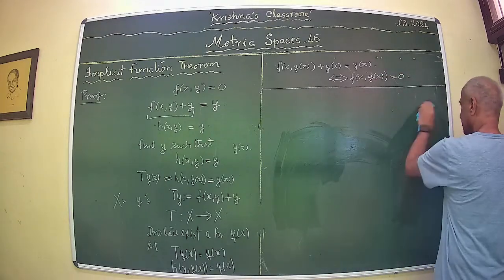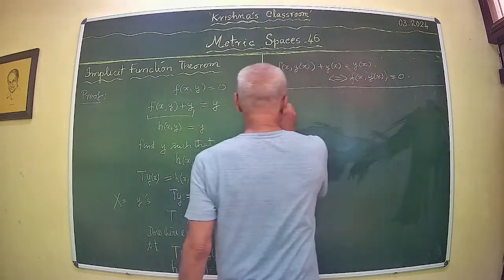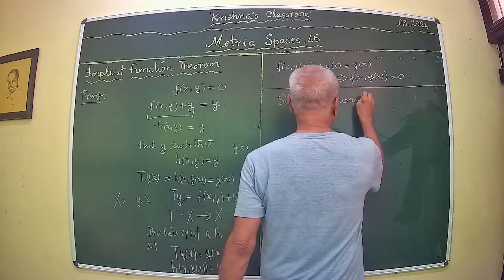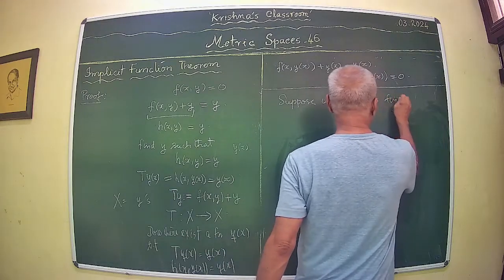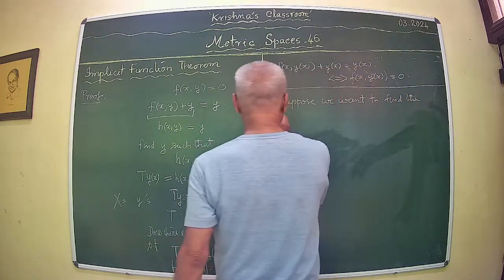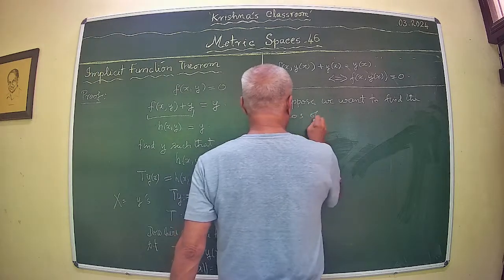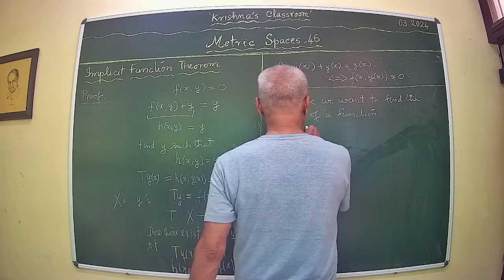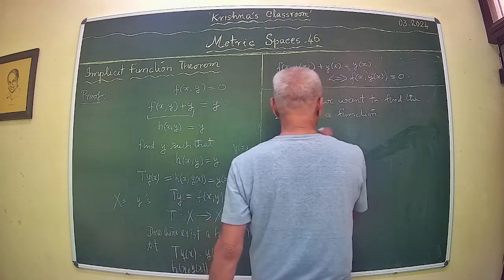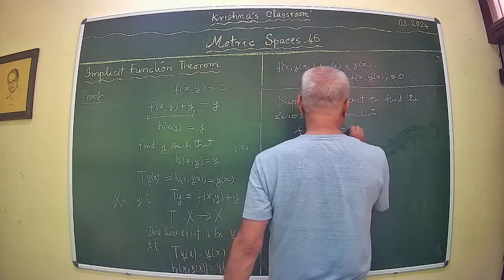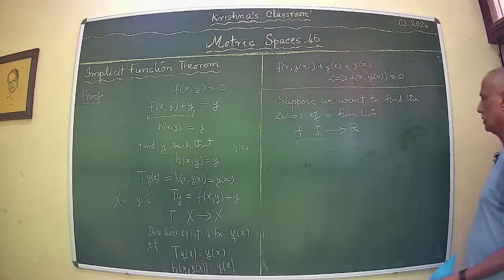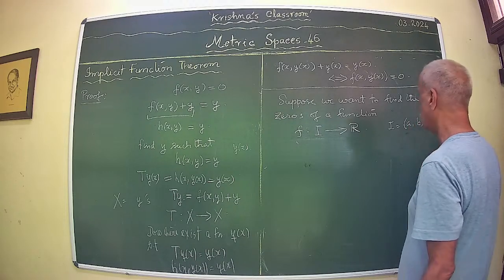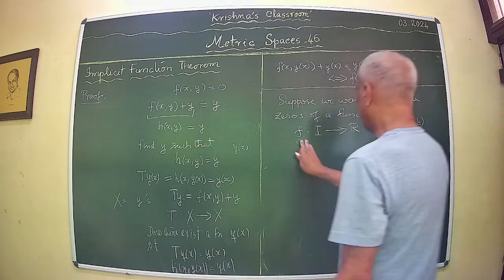Suppose you want to find the zeros of a function F defined from some interval I to R. Say I you take as A. Then what you are looking for is this.